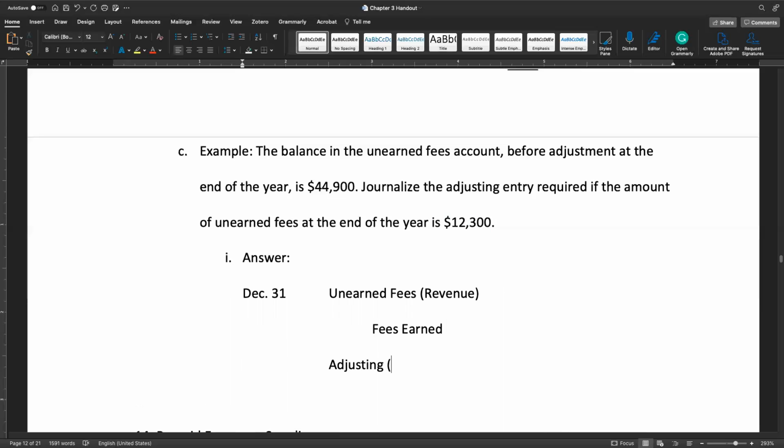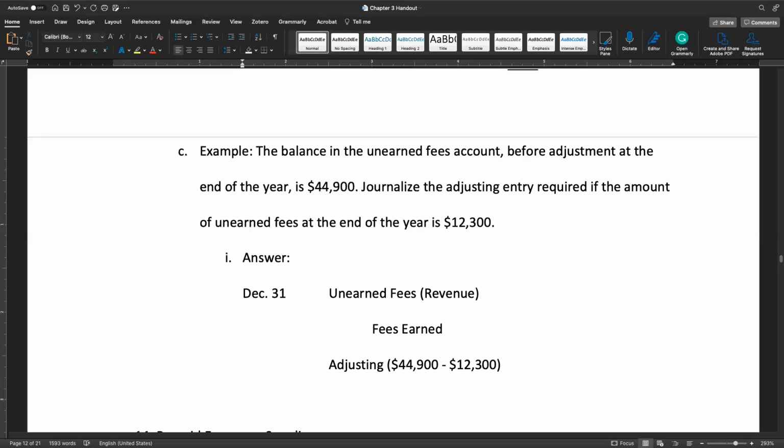And the way that we would find this amount in this particular problem, before we adjusted anything, we had $44,900. And our balance in unearned fees should be $12,300.